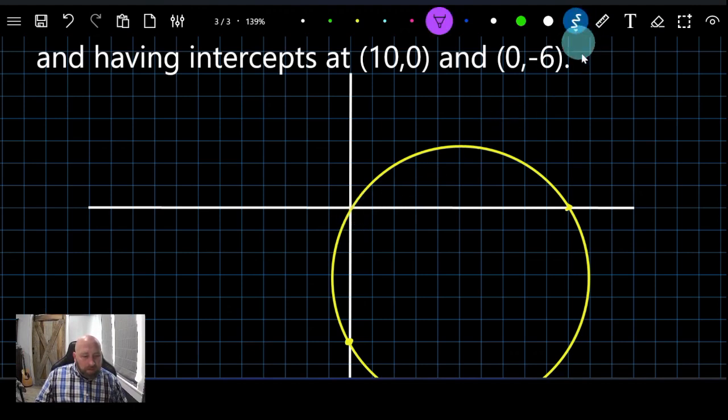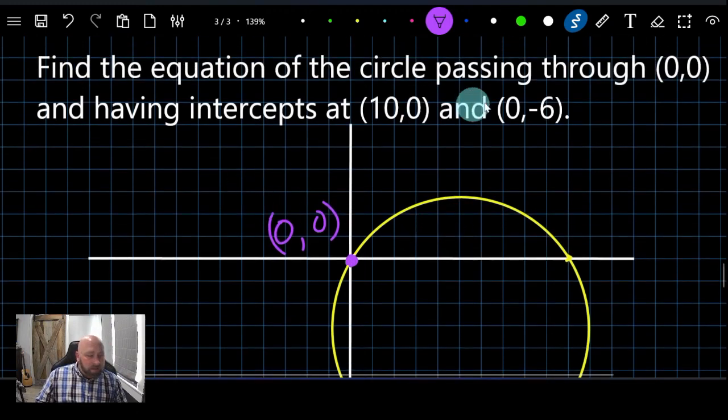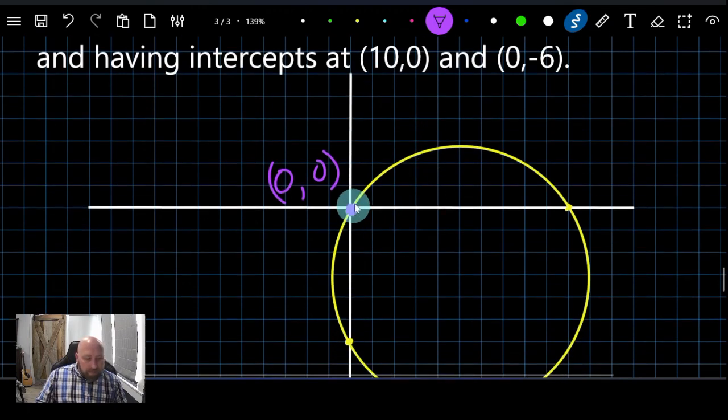And we could even write that on here if you want to. We'll put 0, 0 right there. Okay, so that's this point right here. And then what else does it say? It says it has intercepts of 10, 0. So in other words, at 10, 1, 2, 3, 4, 5, 6, 7, 8, 9, 10, right there.